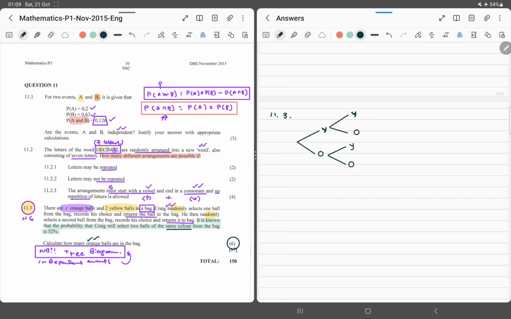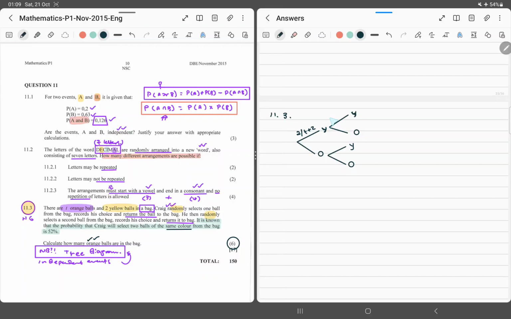So understanding the tree diagram is important. Now what is there? We know that the yellow balls were 2. So we're going to have 2 divided by the total, which is T orange balls plus 2 yellow balls. So the total is basically T plus 2.